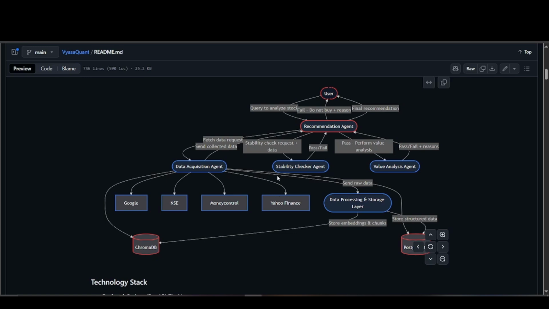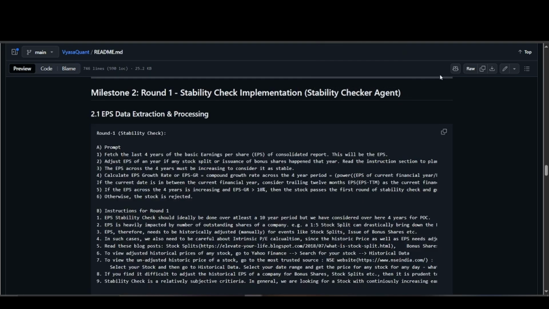Then the stability checker agent will directly utilize these MCP tools to fetch the data, perform the stability check, and give a pass or fail. If it passes, it will move on to the value analysis agent, which will perform the value analysis and give its recommendations. The recommendation agent will then give the final recommendation based on the response of the value analysis agent.